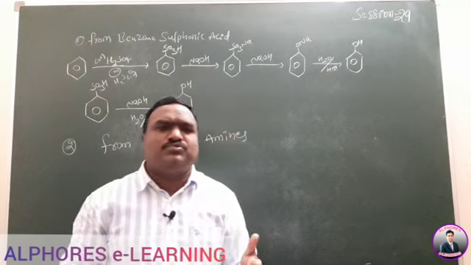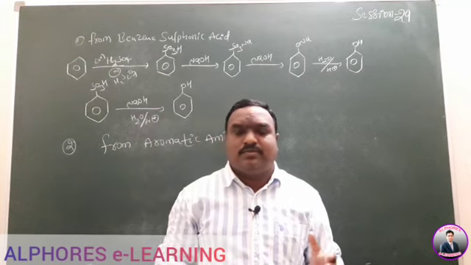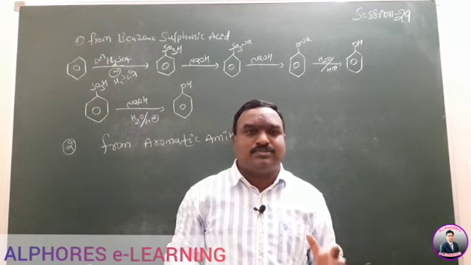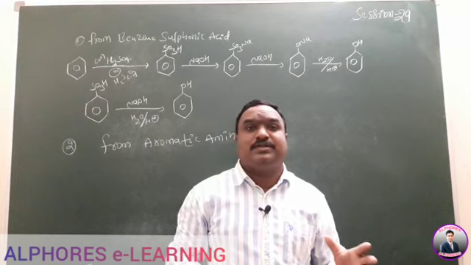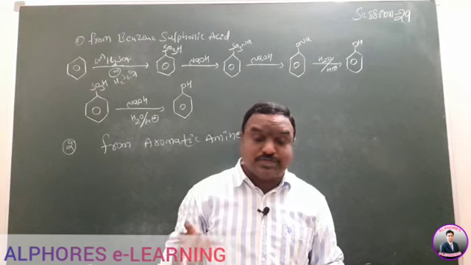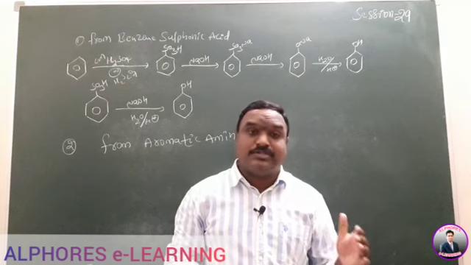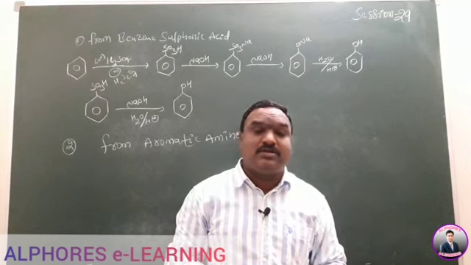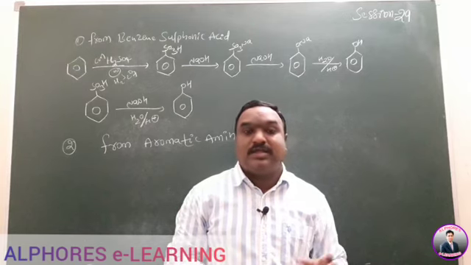Suppose we take benzene. The benzene compound undergoes an electrophilic substitution reaction with nitration mixture. Nitration mixture means HNO3 plus H2SO4, in which the electrophile is NO2 plus, the nitronium ion.